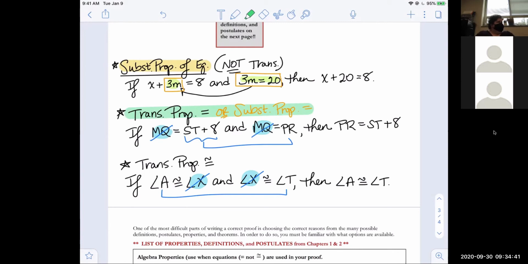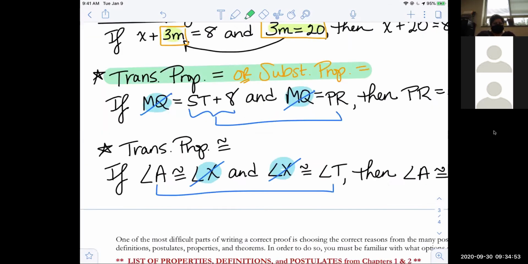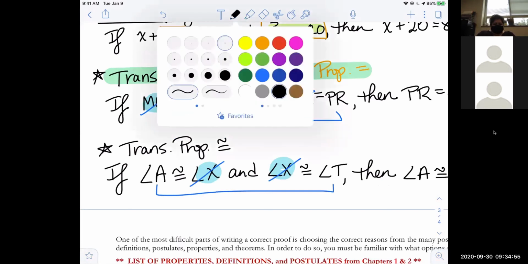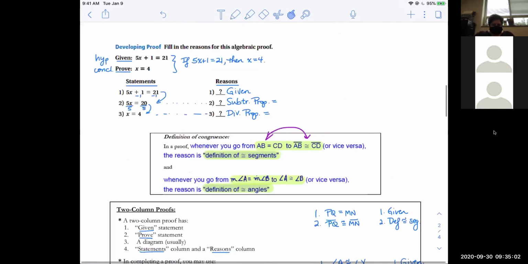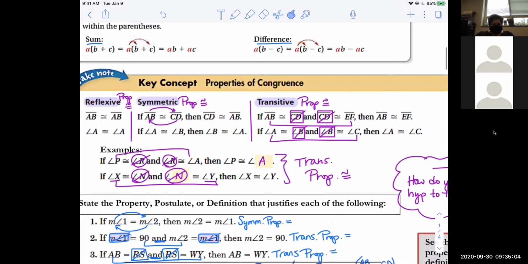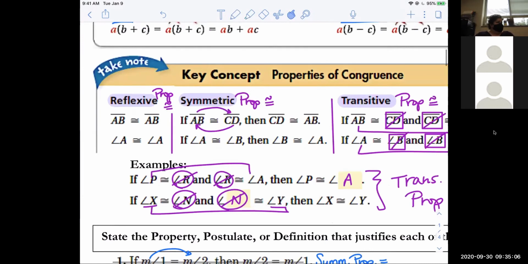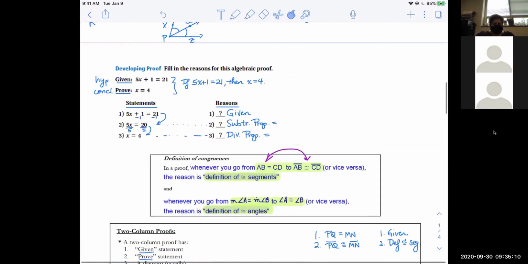What do we think? Is that one also substitution? Good. Exactly. So this one is not substitution because substitution is not a property of congruence, right? If you look up here at the properties of congruence, there's reflexive, symmetric, and transitive. There's no substitution when you have congruence. Substitution is only a property of equality.